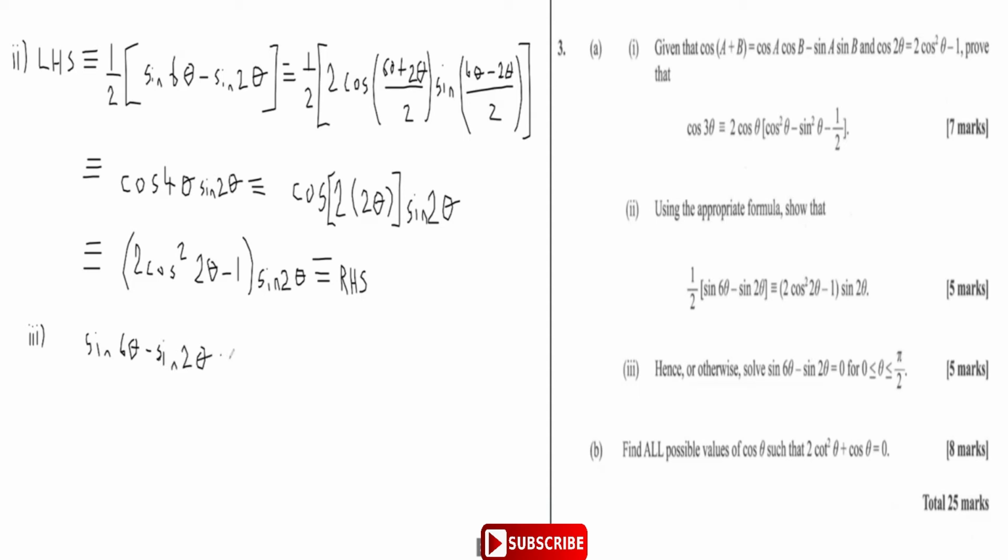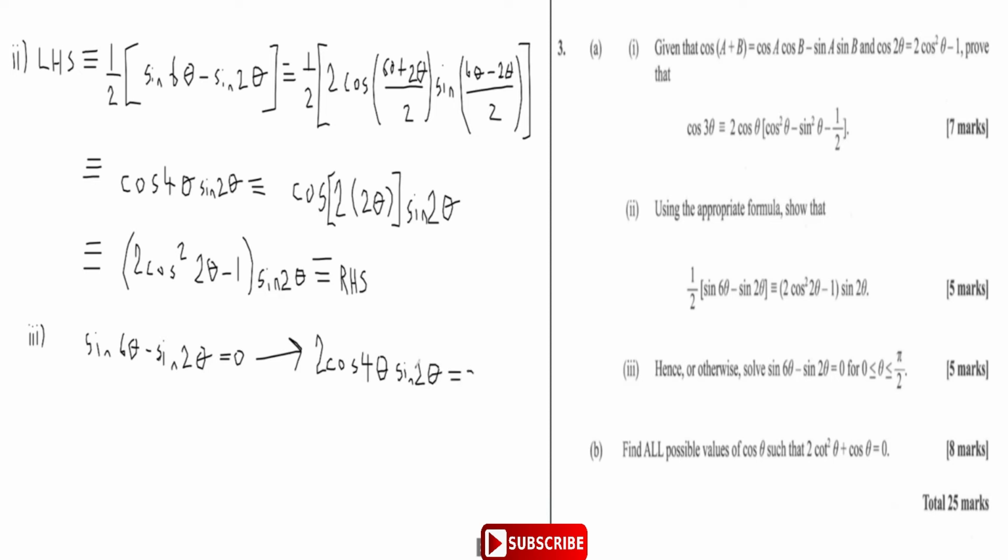We said that all of this works out to be 2 times the cos of 4 theta times the sine of 2 theta. So we are just solving 2 times cos 4 theta times the sine of 2 theta equal to 0.